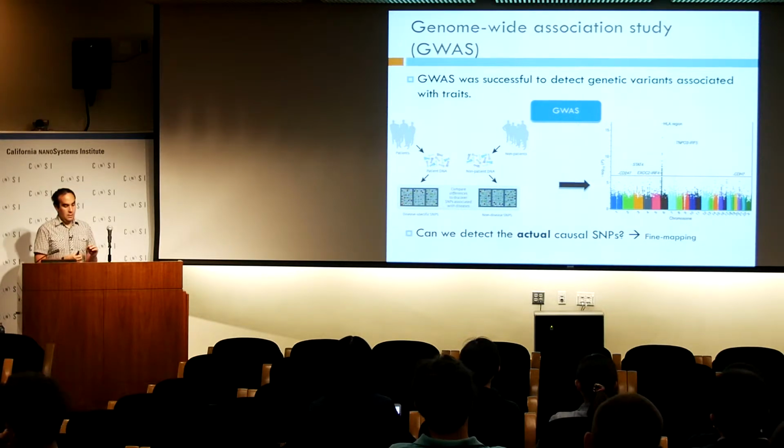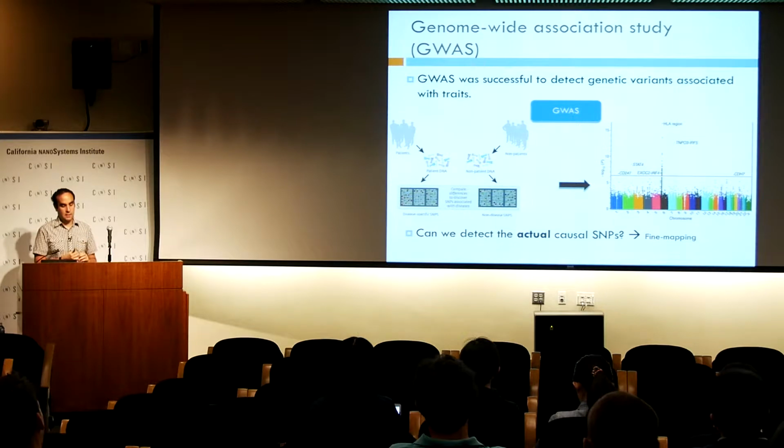What we're interested in is a very straightforward problem. If we know that there's an association peak at a gene, what is the actual variant that's driving that peak? That's what's called fine mapping.